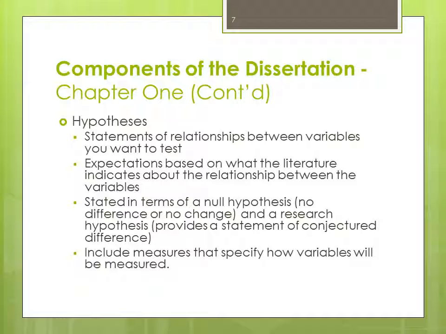It is also stated in terms of a null hypothesis, which means that there is no difference or no change, and a research hypothesis, which we also call an alternative hypothesis, provides a statement to fit the difference. And your hypothesis also includes measures that specify how variables will be identified.